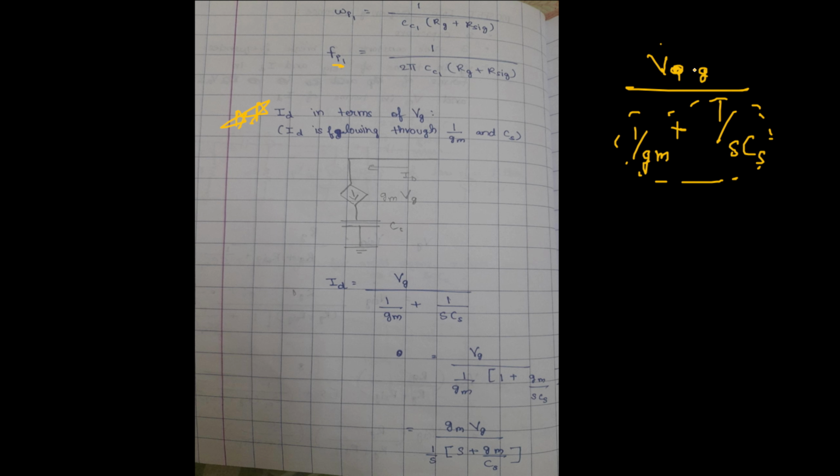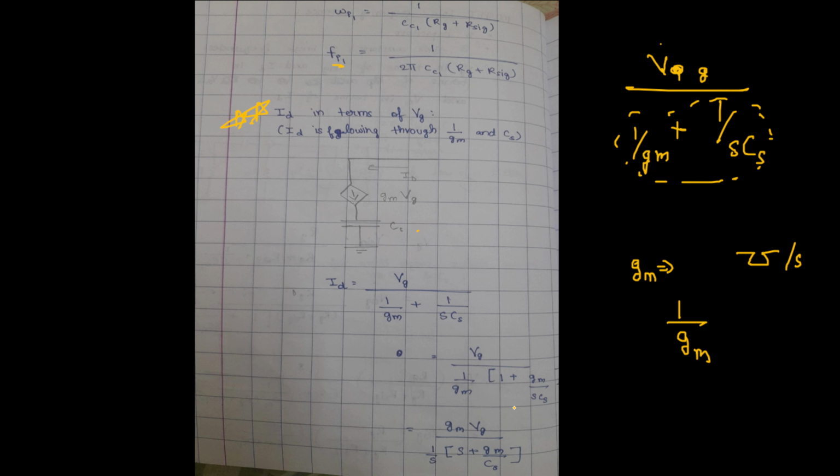We are taking 1 by GM here because GM is the transconductance. So it's the literal reciprocal of resistance. Like I mentioned, the unit is Siemens. So to find the resistance across this, we take 1 by GM. So we have ID as VG divided by 1 by GM plus 1 by SCS.